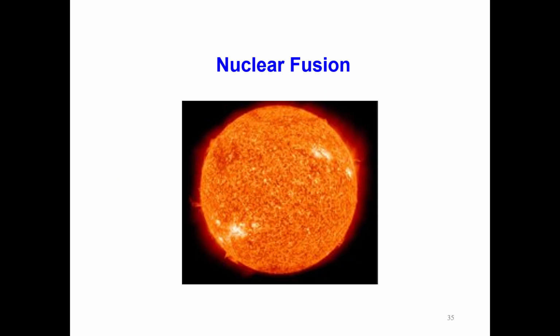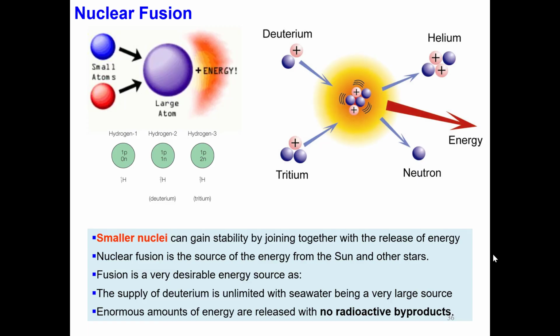Now we will talk about nuclear fusion, the nuclear reaction happening in our sun. Fusion happens with small atoms. They join to form a large atom. This is the case of deuterium and tritium, which are hydrogen isotopes. They join to form helium and release energy, and one neutron is also released.